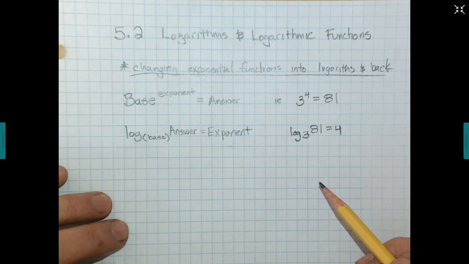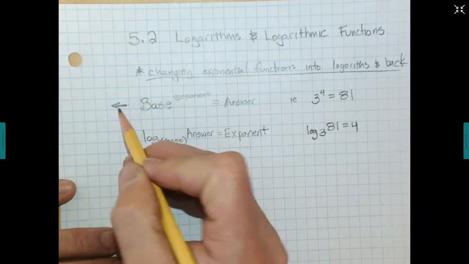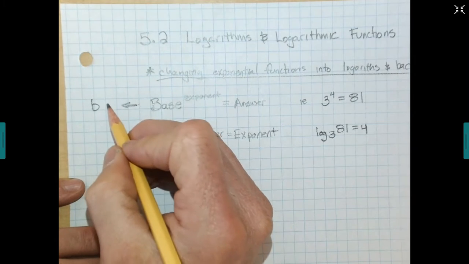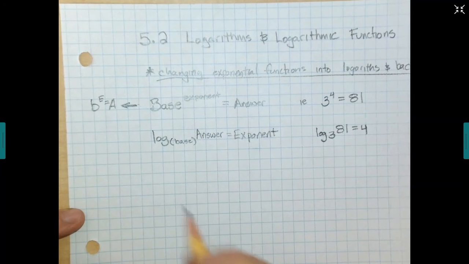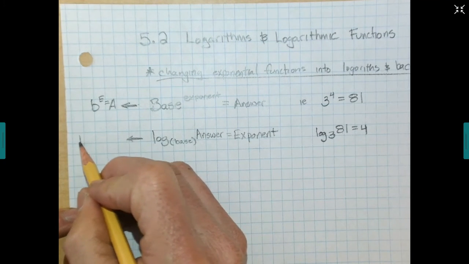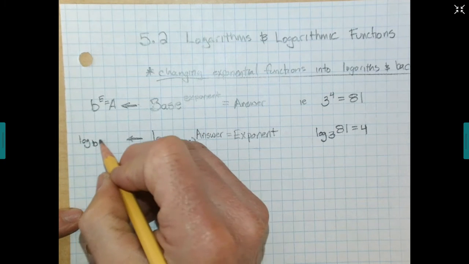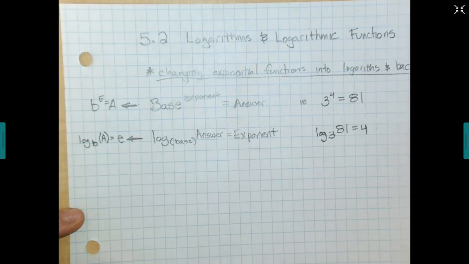Okay. So let's put these in little abbreviated forms. We get the base to the exponent equals the answer. And for the logarithmic function, we get log base of the answer equals the exponent.